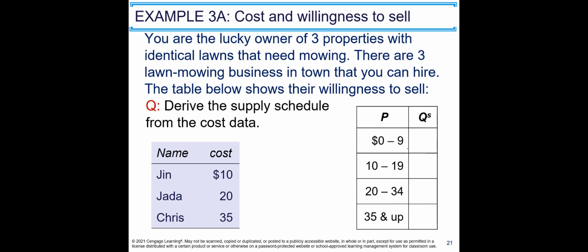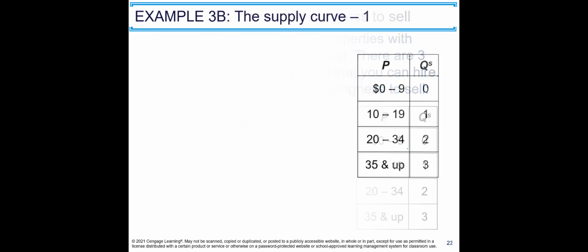So if the price is 0 to 9, none of the businesses are going to provide the service. Quantity supplied is 0. If it's 10 to 19, Jean is going to supply, so quantity supplied is 1. If it's 20 to 34, 2 of these businesses are going to supply. And if it's 35 and up, all of them are going to supply the service.